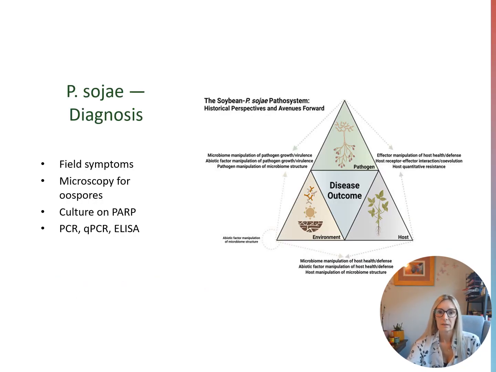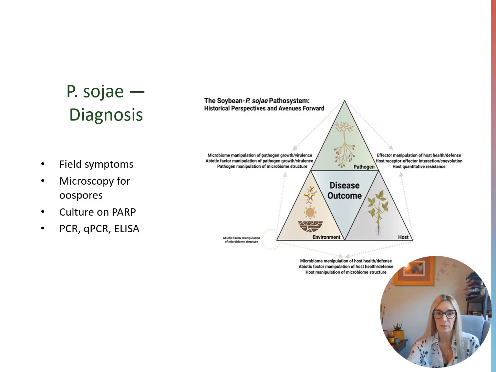Diagnosis can begin in the field through visual symptoms such as stem lesions, wilted plants, and root rot. For laboratory confirmation, several methods are available. Microscopy can detect the characteristic thick-walled oospores. Culture isolation on selective PARP agar helps distinguish P. sojae from other organisms.